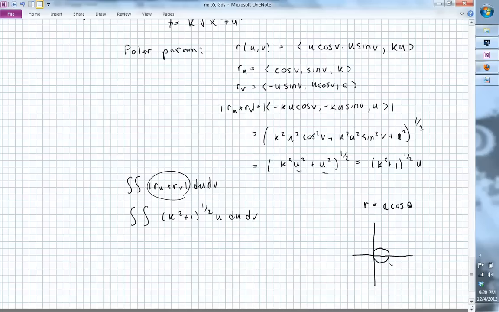So this is a circle of diameter a. And it is traced out as theta goes from minus pi over 2 to pi over 2. Doesn't really matter, but that's how it's traced out.